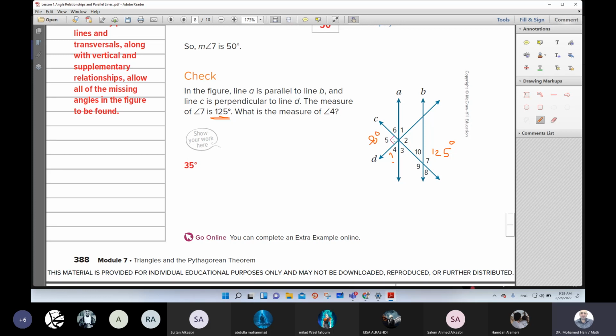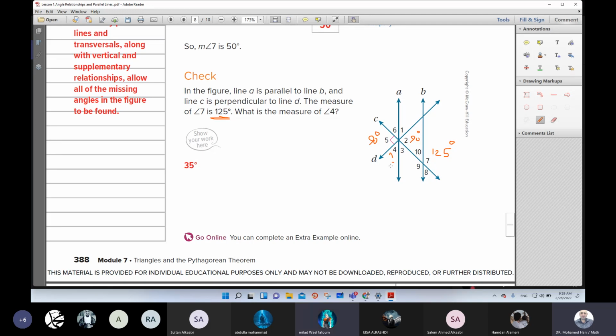And angle 2 and angle 5 will be vertical angles, so angle 2 will be 90 degrees. Who can tell me now, if I have this information, here 90, here 90, here 125, how to know the value of 4?